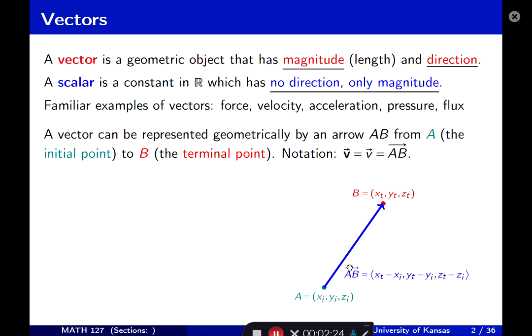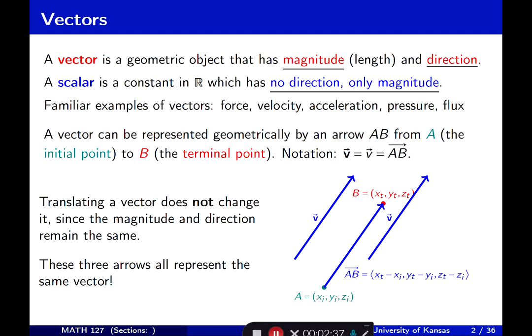This information gives both direction and length, and all we are interested in is direction and length. So I can take this vector and put it anywhere else as long as the direction and the length are the same. All these other geometric representations have the same length and same direction, and they are the same vector.